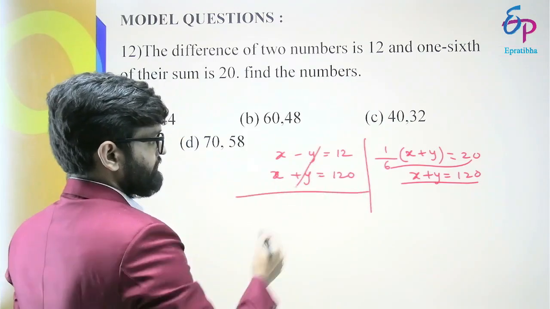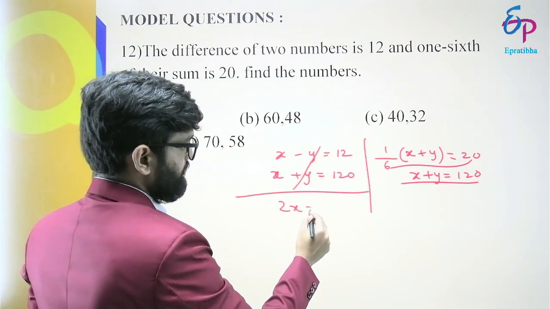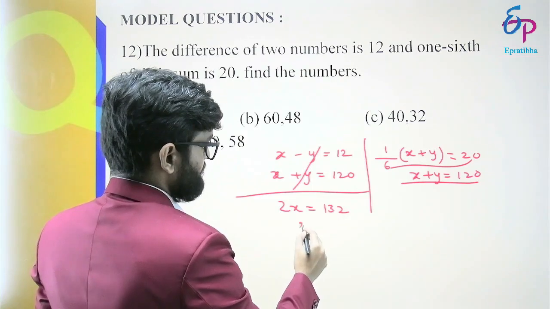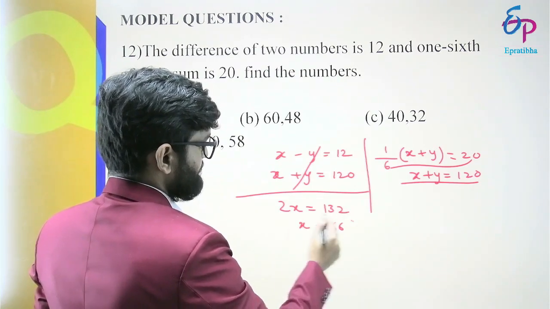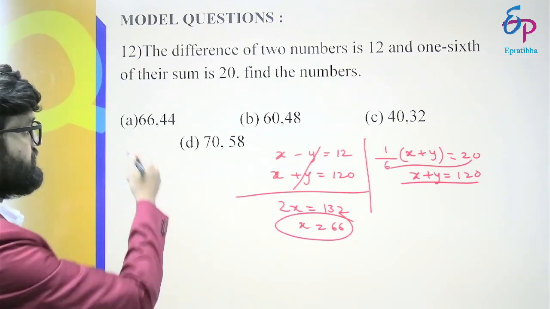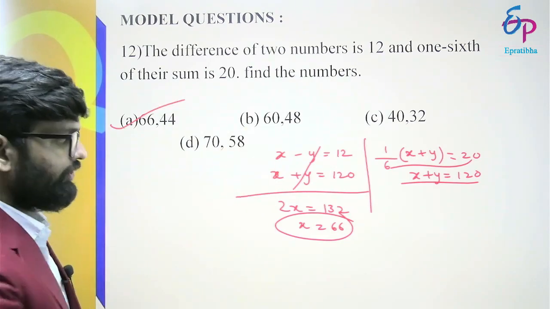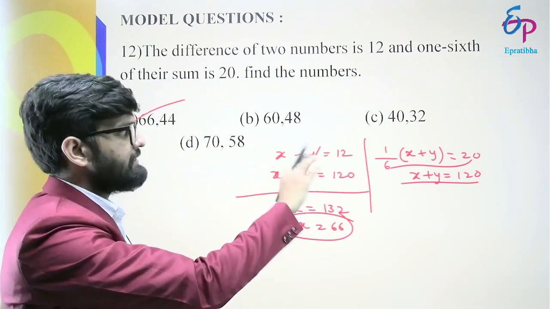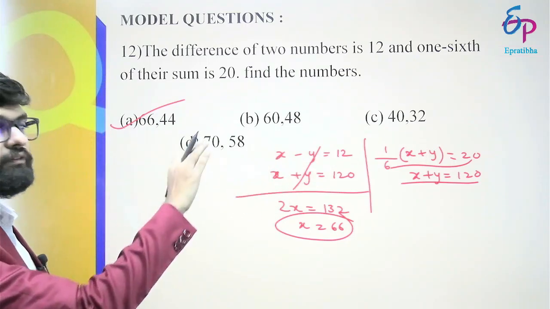That means plus y minus y cancel. 2x is equal to 132. X is equal to 66. So x is equal to 66. Where I have 66? Here is the answer. If you want y, not required, only 66 is given in the options. That's why I am going directly.